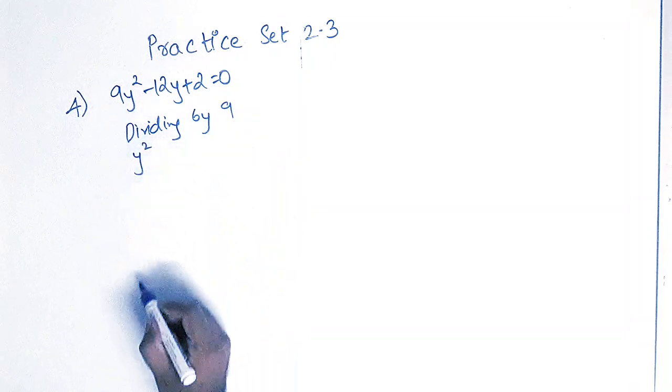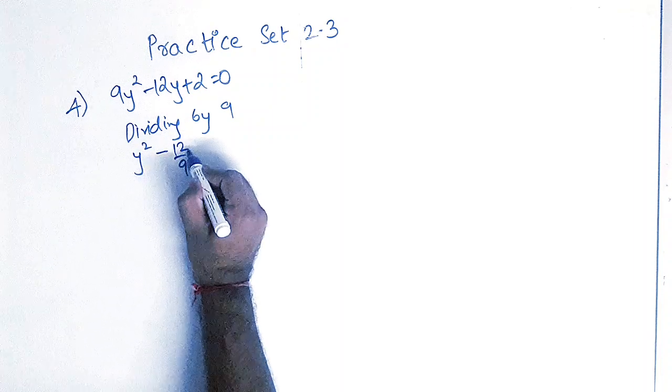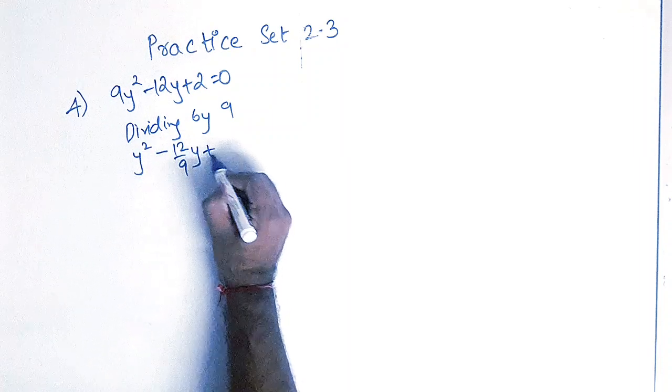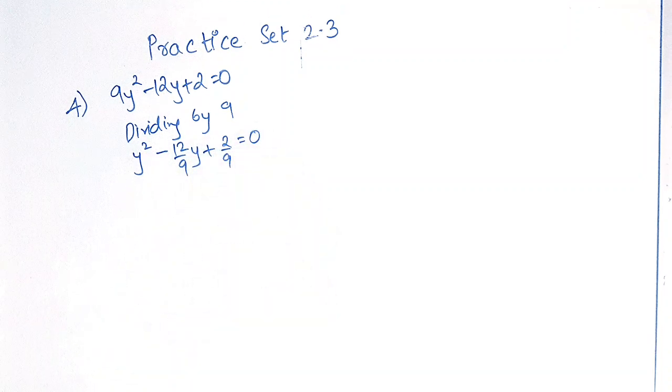This will become y square, 9 gets cancelled, minus this will become 12 by 9, okay, plus this will become 2 by 9 equals 0, okay.